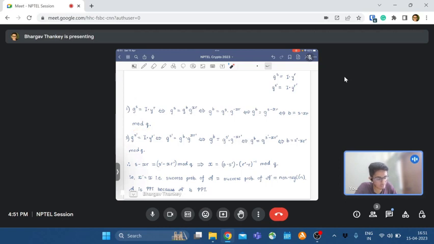Similarly, you would get that B equals S prime minus X R prime mod Q. So if we compare these two, we get that S minus XR is equal to S prime minus XR prime mod Q. Now I can move S prime over here and this over here. So what I get is S minus S prime equals R minus R prime times X mod Q. Oh, this is wrong. This should be R minus R prime. Sorry.